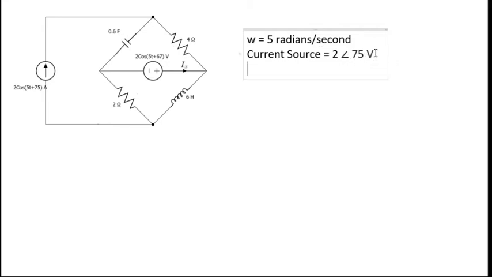Sorry for this mistake here. And we have a voltage source over here, which is 2 angular to 67 voltage, excuse me.